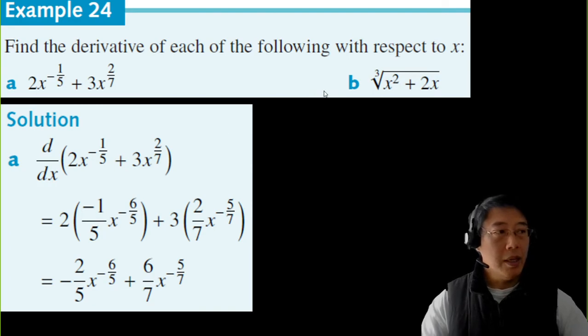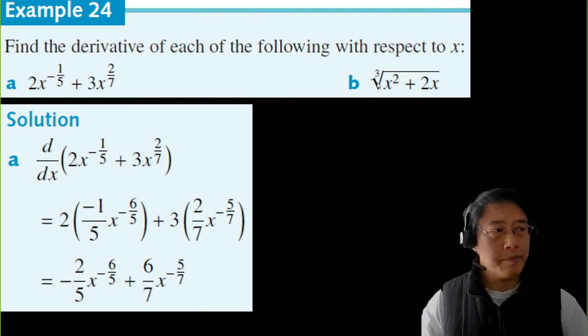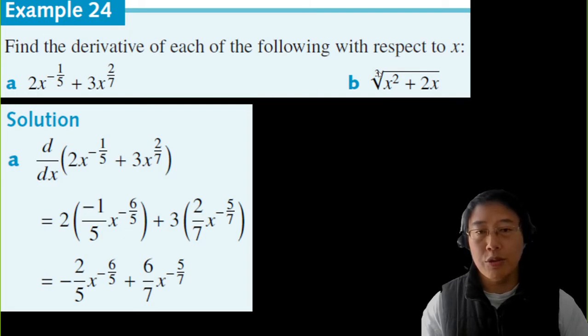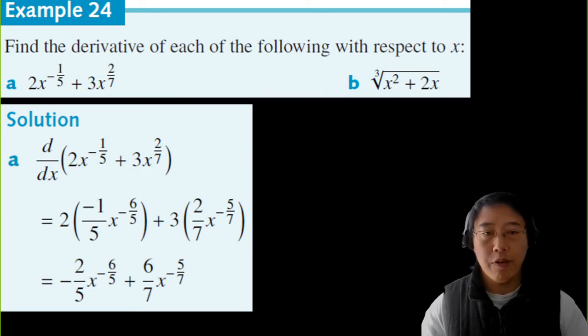Okay? With the second one, you have a cubic root. So you need to turn that into a fractional power. Now, what you have inside is x squared plus 2x. So it's going back to the function of a function. You need to use the chain rule.